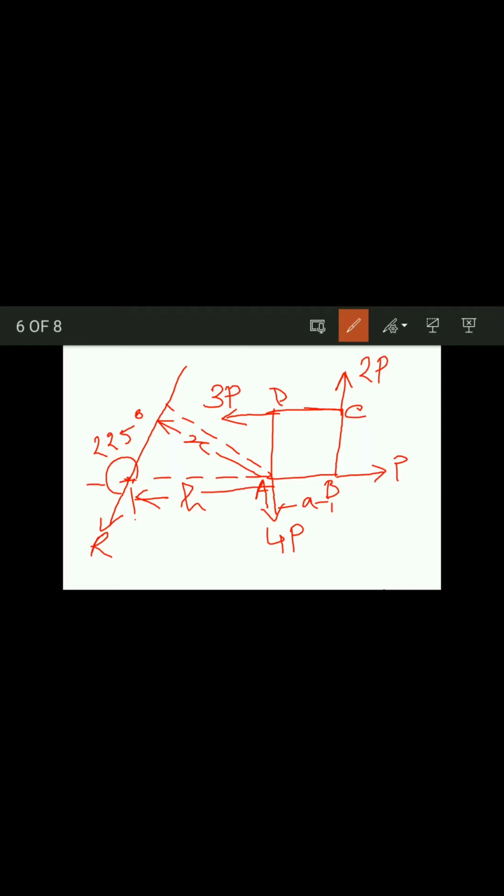Because of shortage of space, I need to erase this one.